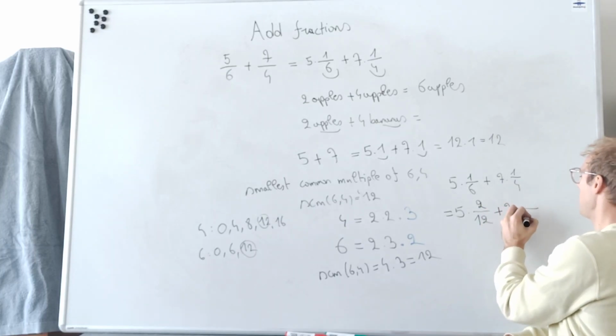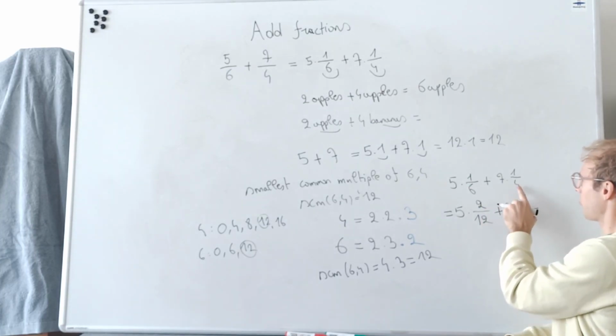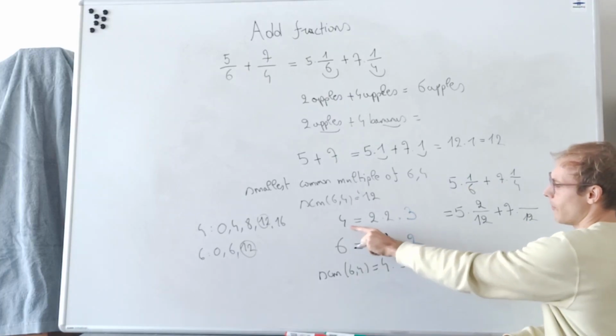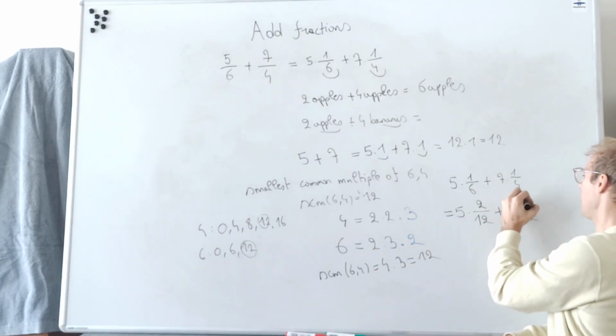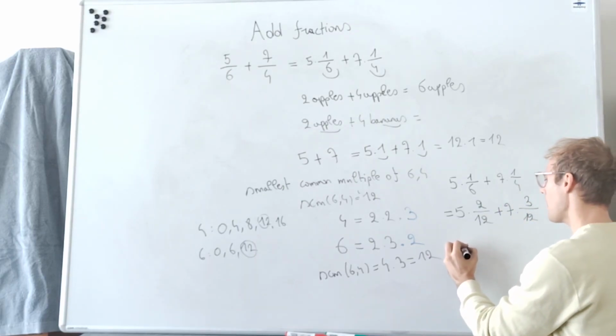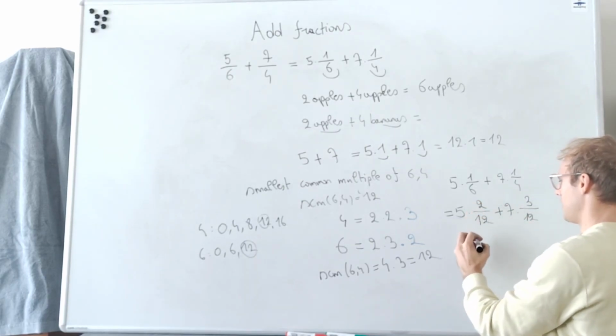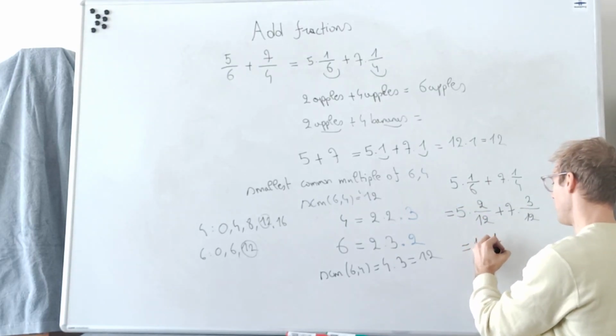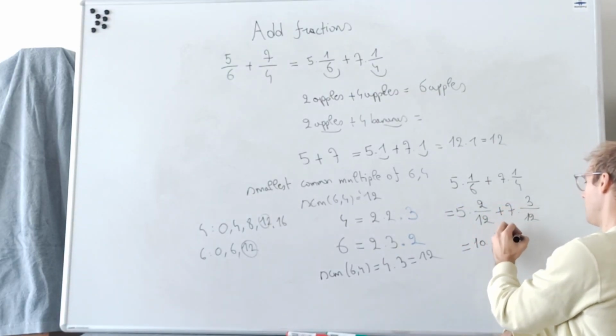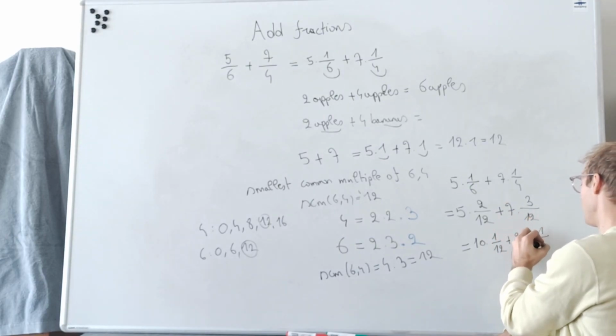I do the same for 4. I go from 4 to 12. I multiply it by 3, so I have to multiply the numerator as well by 3. And now I can write this again: 5 times 2 is 10 times 1/12 plus 21 times 1/12.